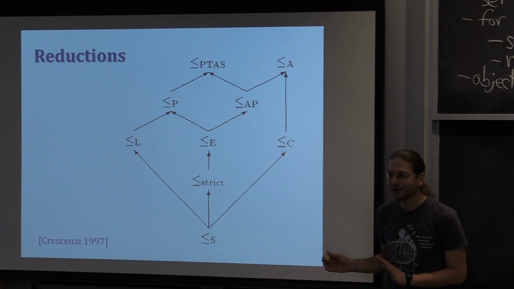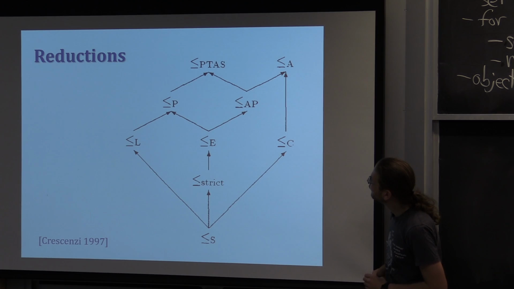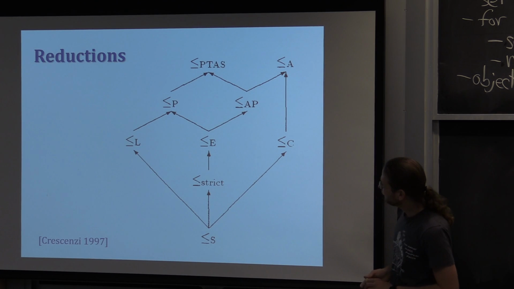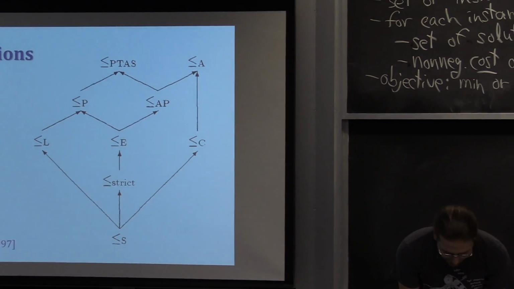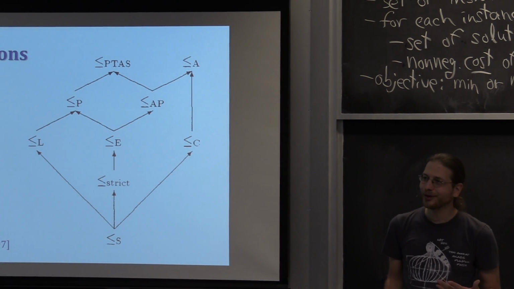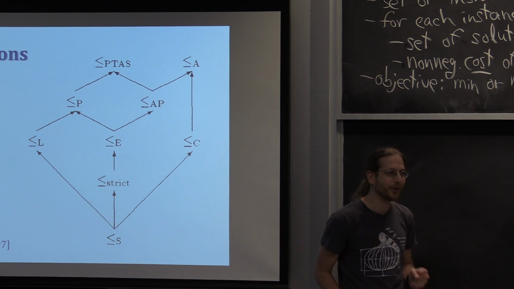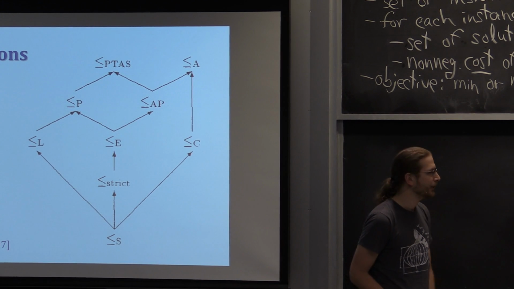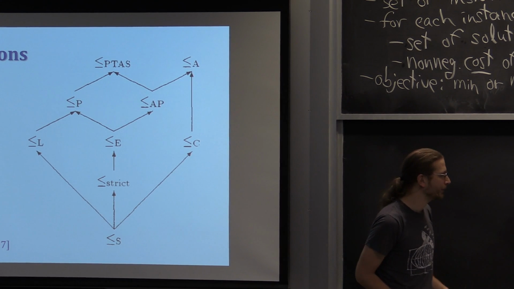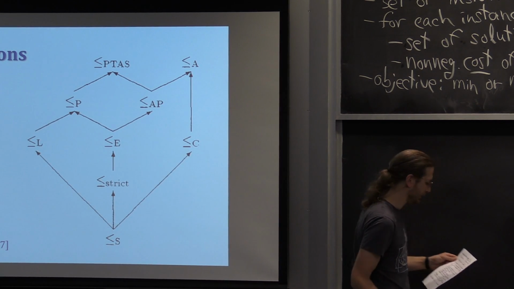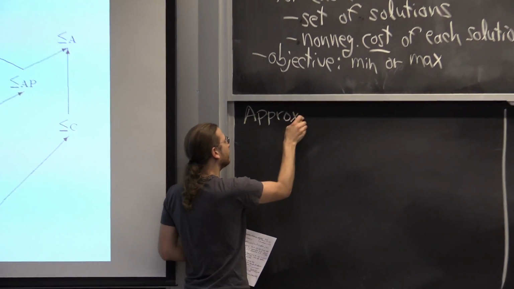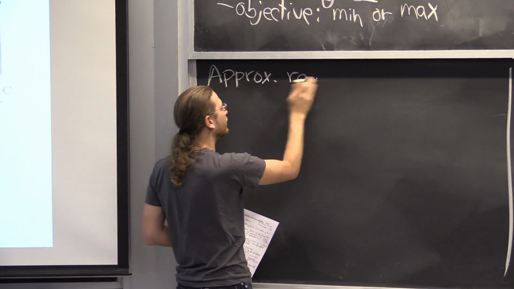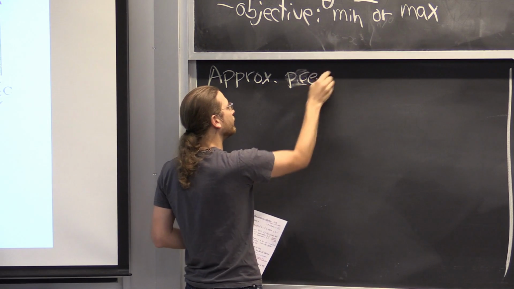You don't need to know them all. I will define 4 of them, I think. They're all very similar, and they all lead to slightly different notions of hardness. So you have to be a little careful when you say, oh, this problem is something hard. But I'll give you some definitions that are pretty easy to work with, I think. In general, this family is called approximation preserving reductions.